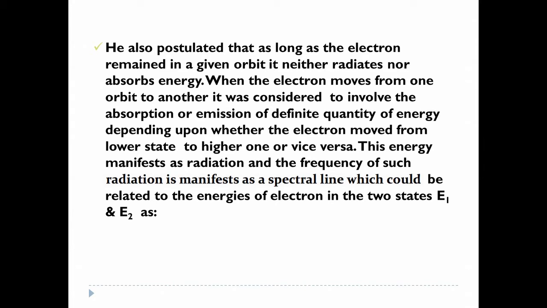When the electron moves from one orbit to another, it was considered to involve absorption or emission of energy. Okay. This energy manifests as radiation, and the frequency of such radiation manifests as a spectral line, which could be related to the energy of the electrons in the two states, E1, E2, or E final or E initial. What we are saying is there is a nucleus, the electron is going round and round, and I am going to supply energy, and when I supply the energy, the electron will go to the next higher energy level.